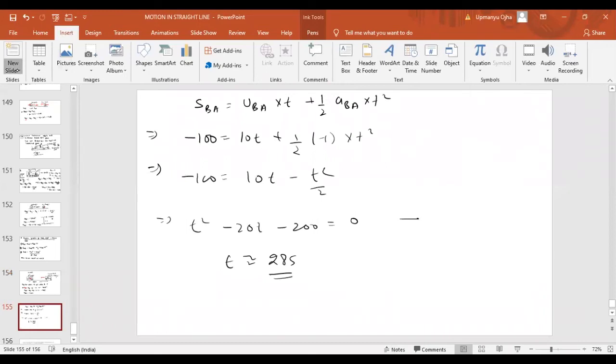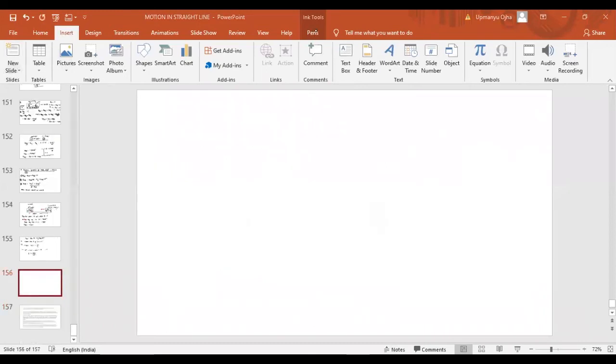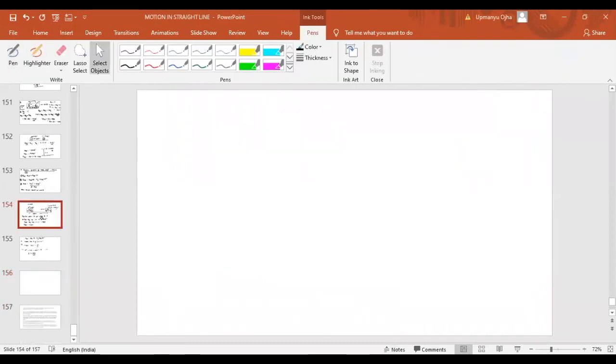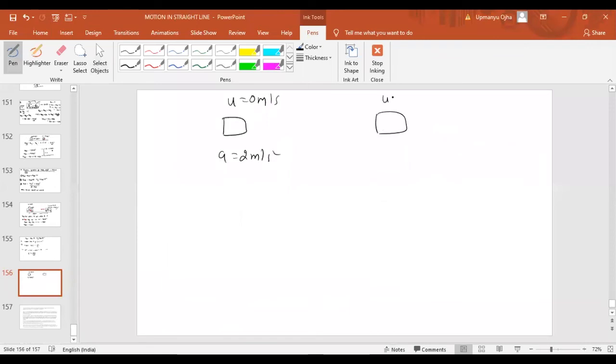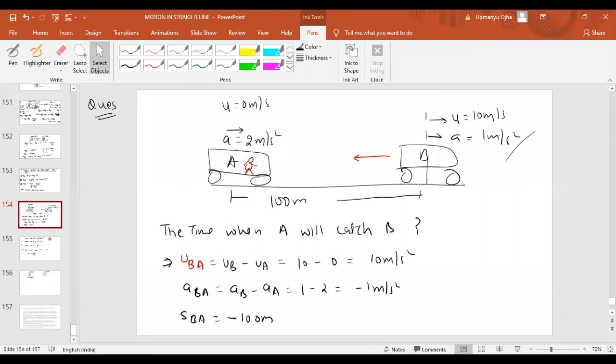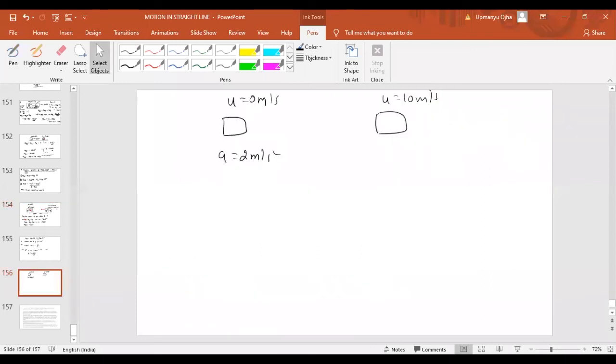See, in the conventional method, if you look at the conditions here: A's initial velocity is 0 meter per second, acceleration is 2 meter per second square. B is 10 meter per second, and its acceleration is 1 meter per second square.